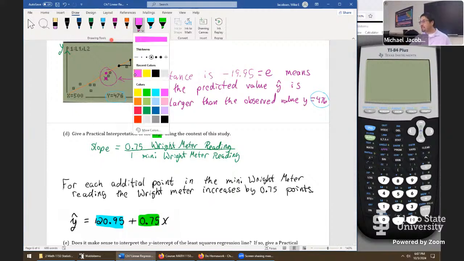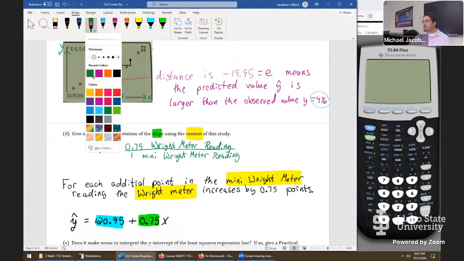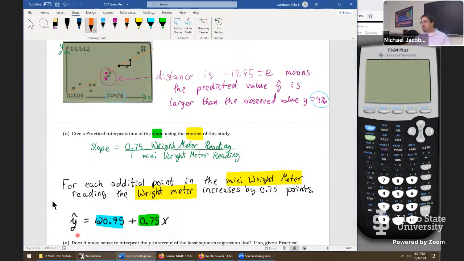Well, when it says using the context, it's pretty much this stuff right here. We said mini right meter, and we also said the right meter. Putting this all together, each time we go to write this out, this part right here is something you can say essentially every single time. Visualize whatever the unit is in the denominator going up by 1, and this variable will be x, the explanatory variable.